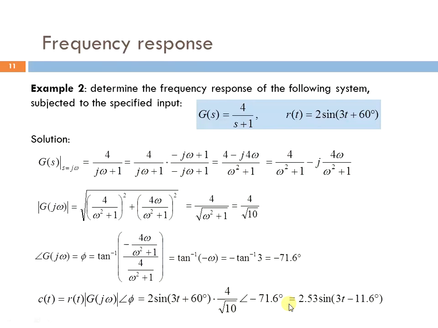The final expression for the output has got an amplitude of 2.53 and a phase of negative 11.6 degrees, and we can see that the frequency of the output is the same as the frequency of the input.